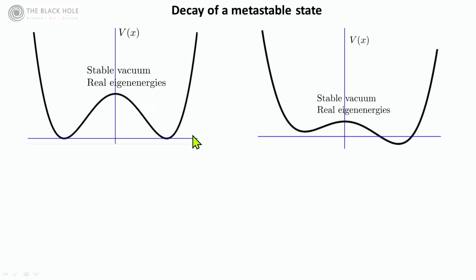And for this as well, again, in classical terms, this would be a stable vacuum. So if you started off with a particle over here, it would tunnel across to here and tunnel back and forth.